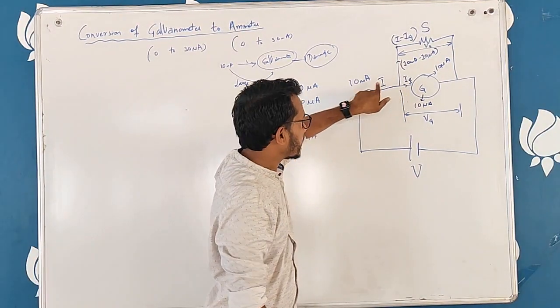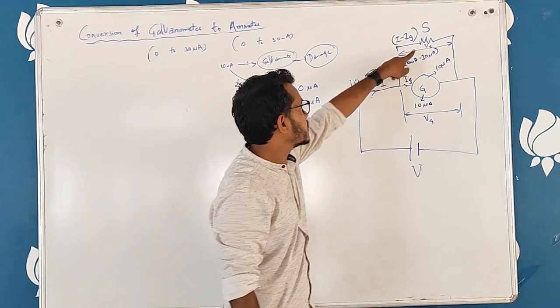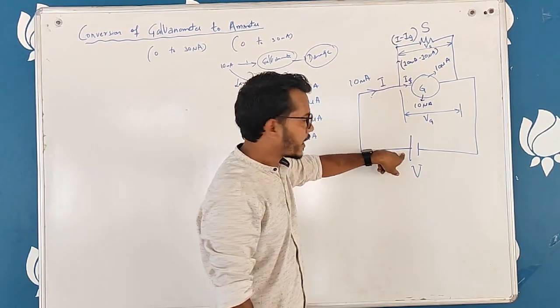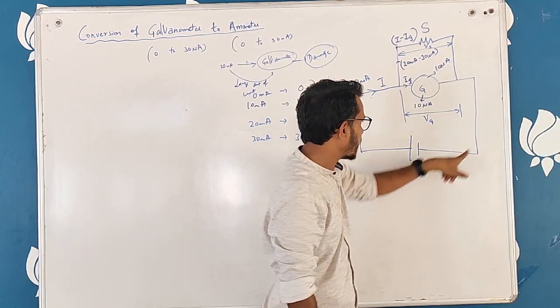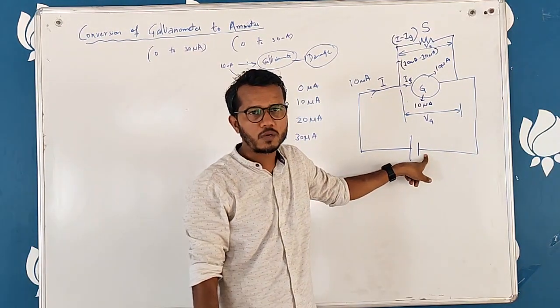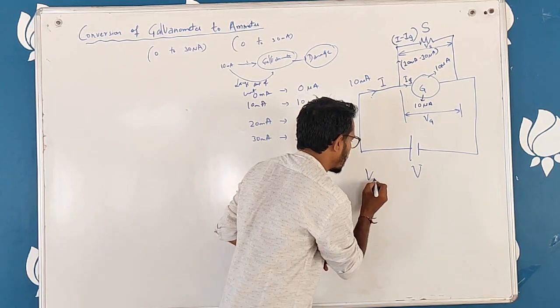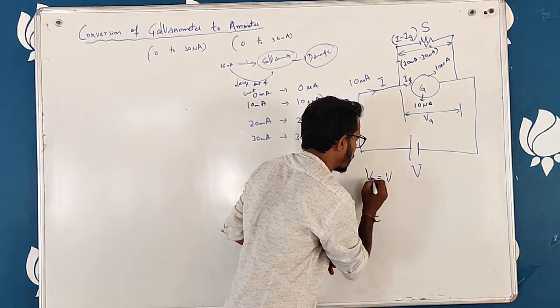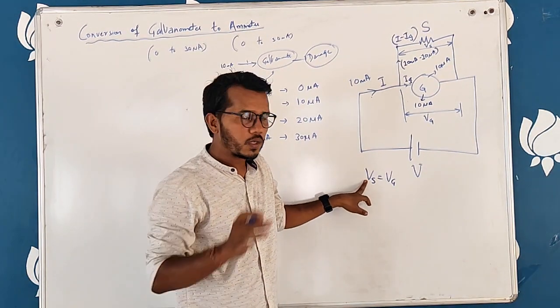See, the starting end of the galvanometer is connected to the higher potential value, and the other end of both is connected to the lower potential value. So these are all parallel connections, and the potential drop across the galvanometer resistance and across the shunt resistance will be equal.